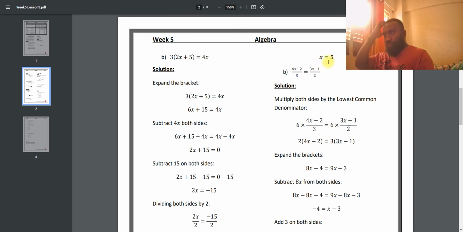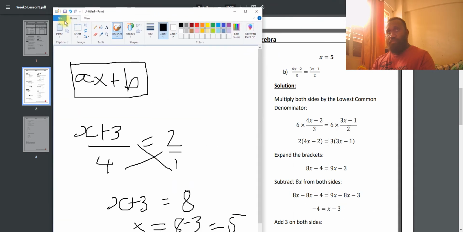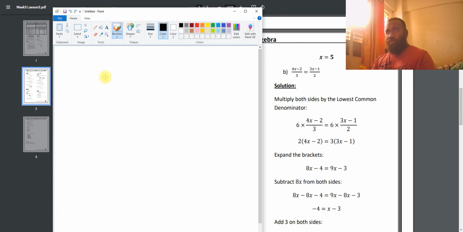The similar procedure is done with example 3 part B here. We have our equation: 4x minus 2 over 3 equals 3x minus 1 over 2.